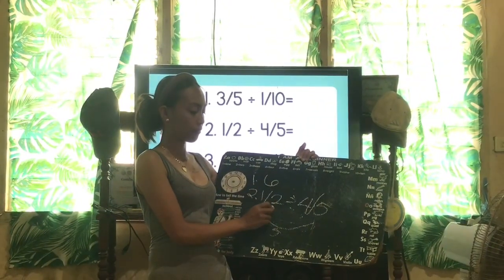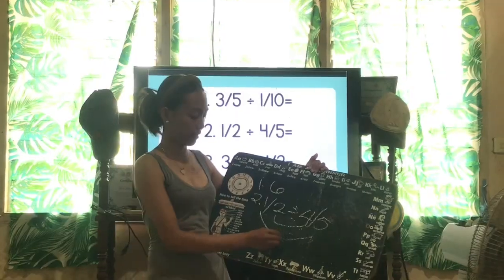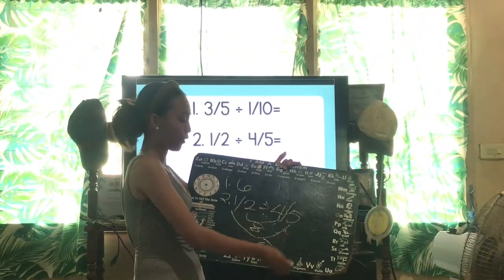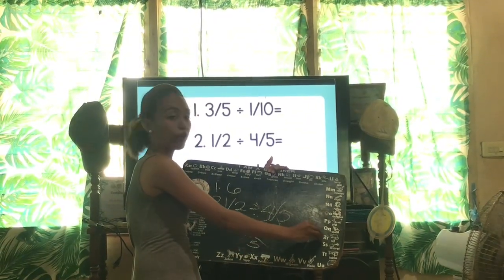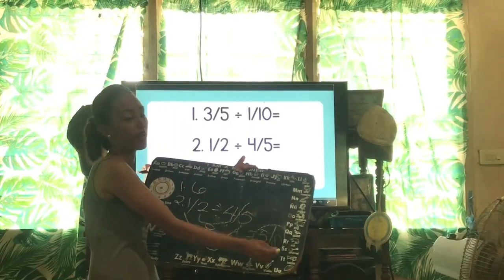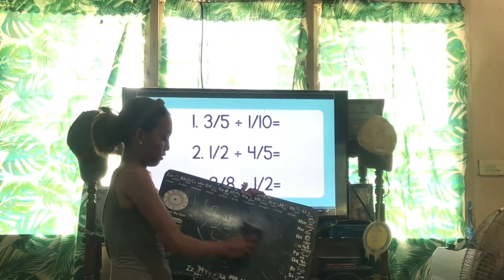And then 2 times 4 is 8. So our numerator for number 2 is 5 and our denominator is 8. So the final answer for number 2 is 5/8.